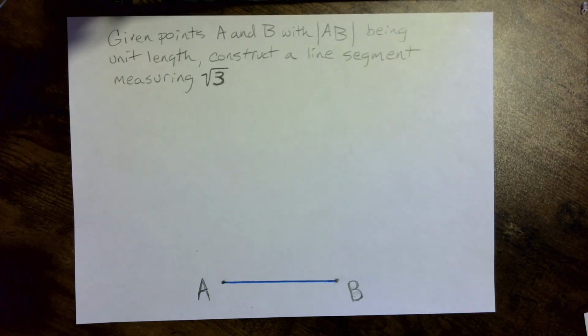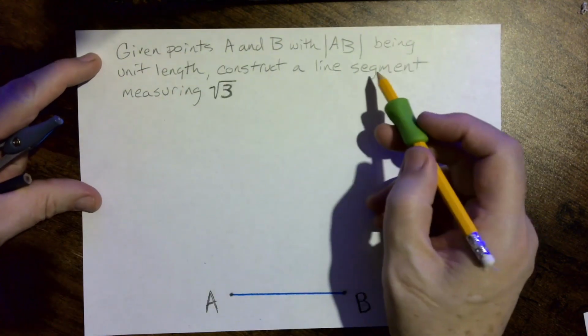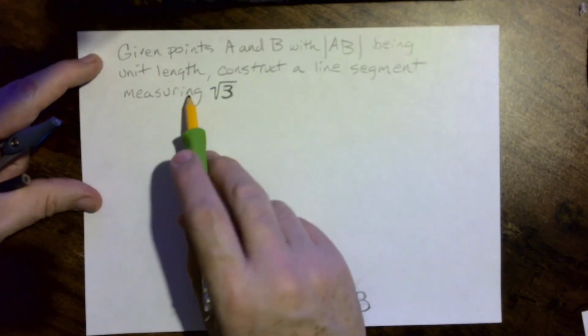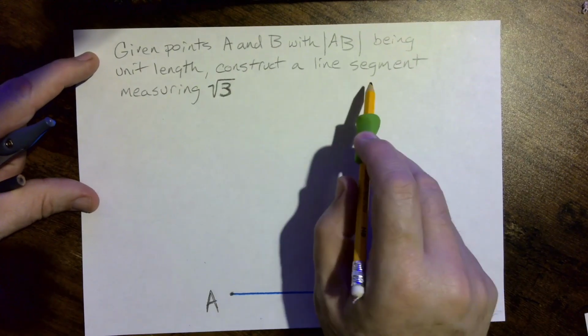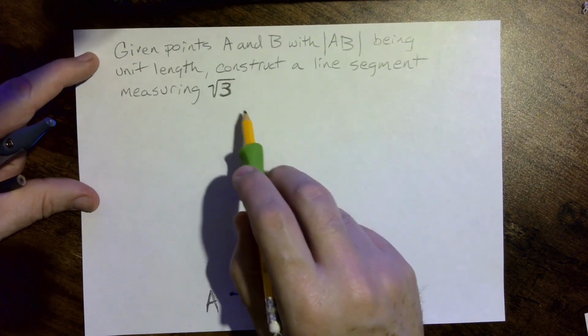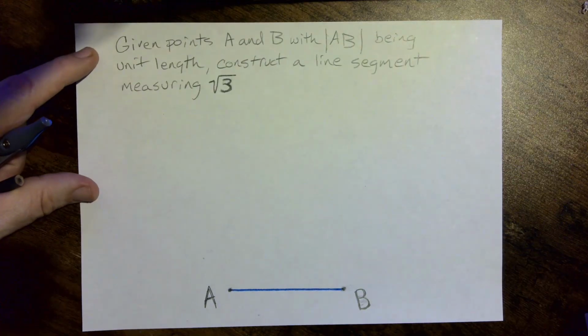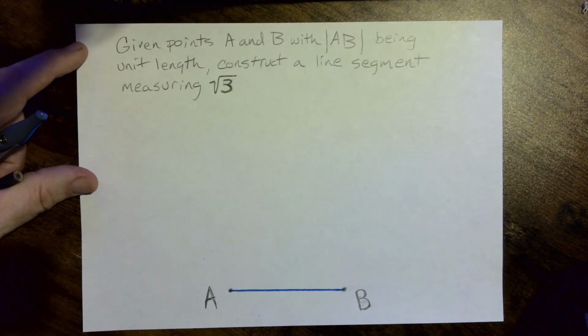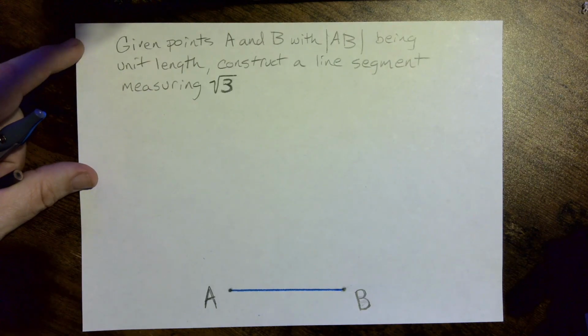Okay, here's the final challenge in this mini series of constructions. Given points A and B, with segment AB being a unit length, construct a line segment measuring square root of 3. Okay, this will be done using the Pythagorean theorem.